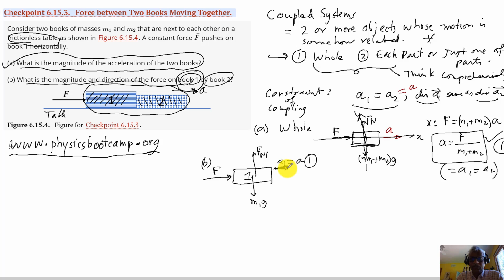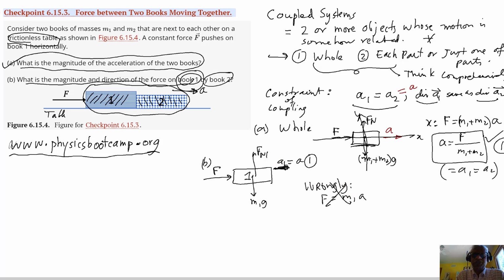If you think these are all the forces, then actually this will be a problem. If you wrongly think this is all there is, then you will say F should be m1 times A. But we already found F is m1 plus m2 times A. So this would be totally wrong.